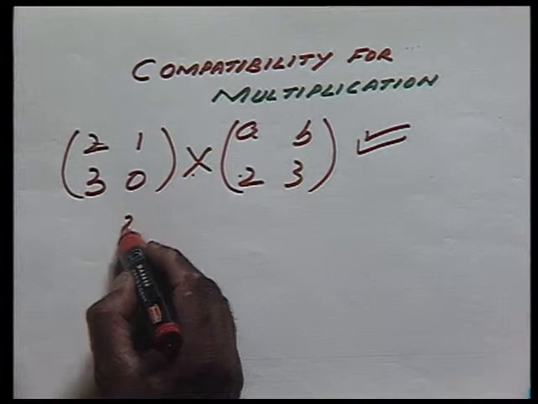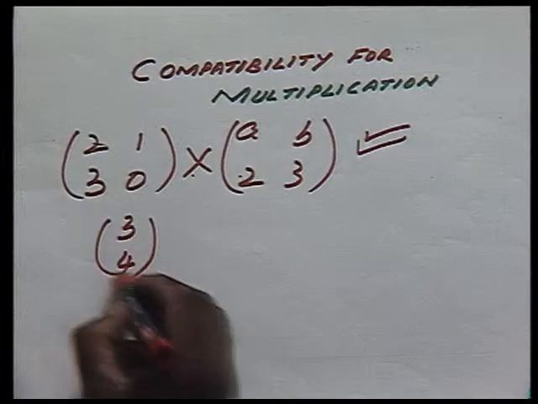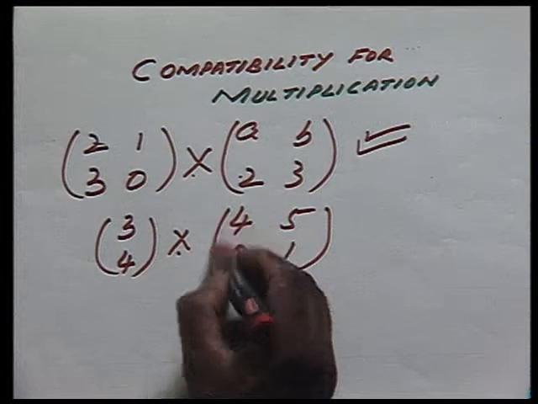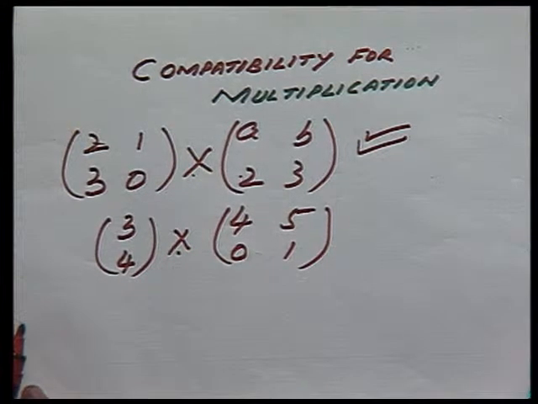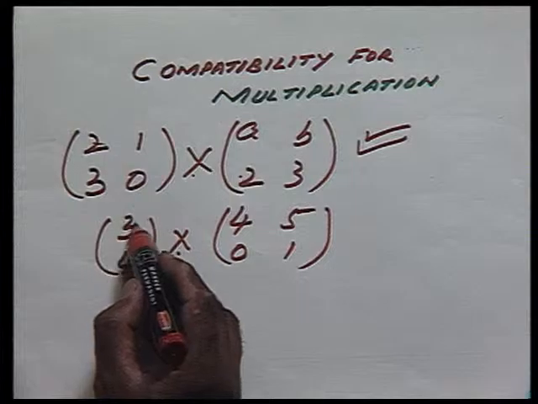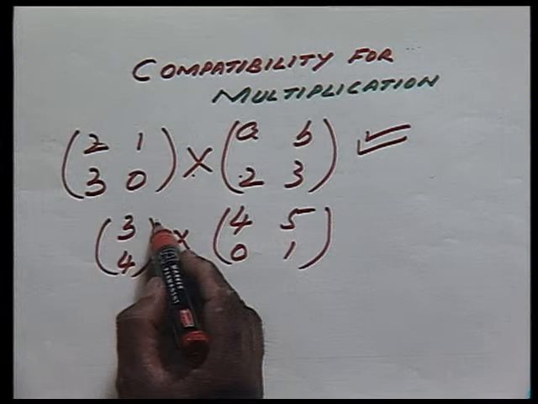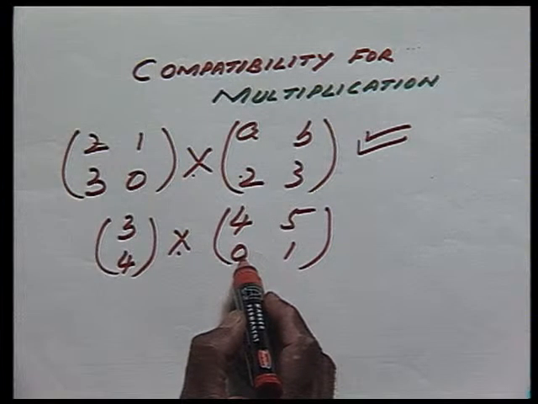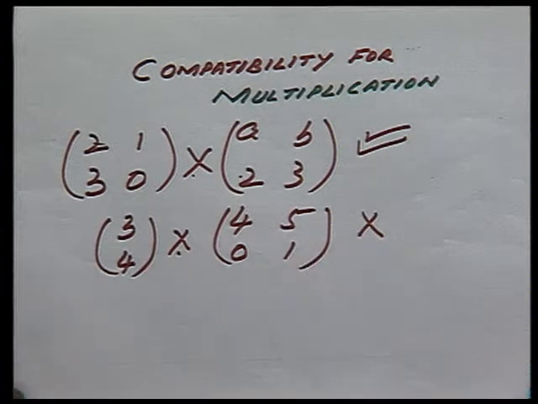What of this? What can you say about these two matrices? 3 4, when I multiply this row with this column, 3 will multiply with 4, what of this 0? Means these two are not compatible.